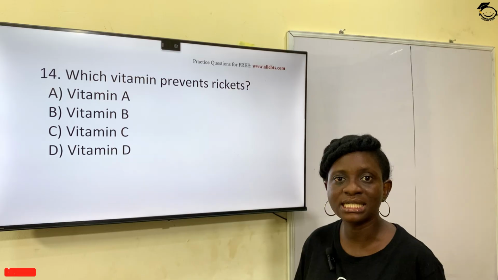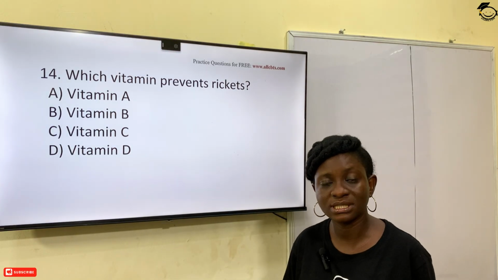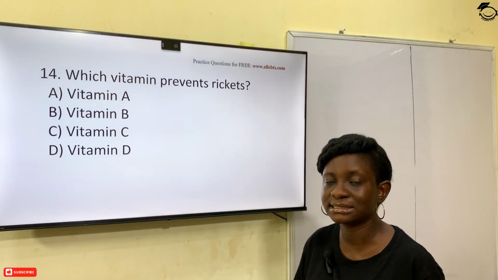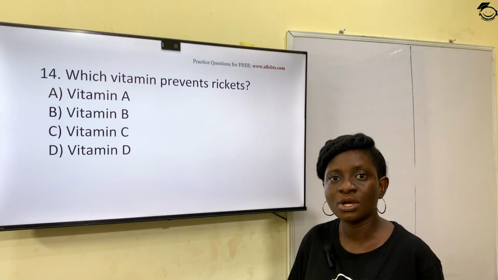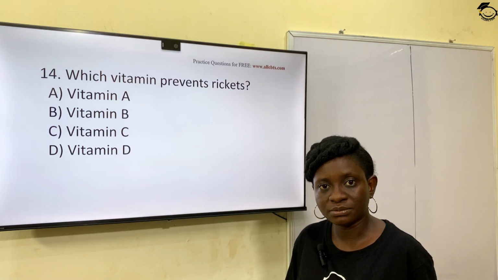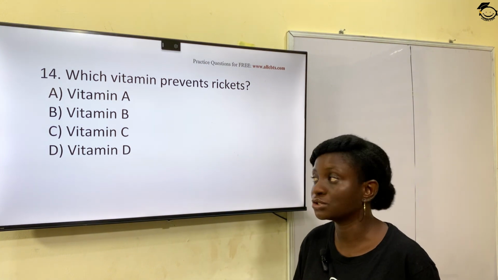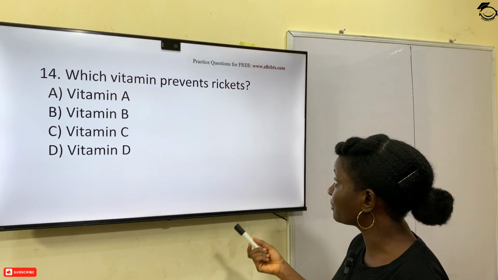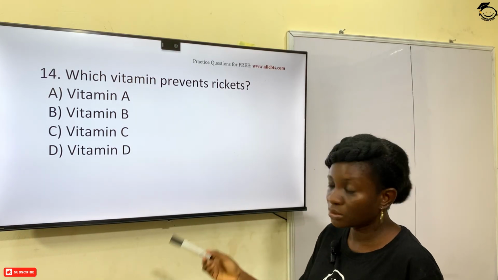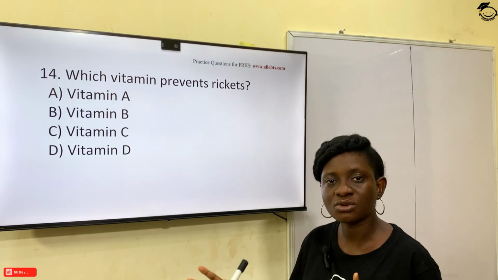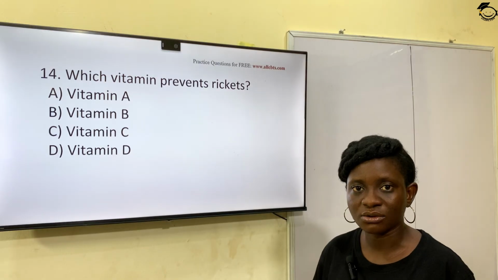While vitamin D is synthesized from the sun, it can be gotten from direct sunlight, that's early morning sunlight, and it helps calcium to be properly absorbed into the body, leading to strong bone formation. So which vitamin prevents rickets? We can see that vitamin D will prevent soft bones in children. So vitamin D is the correct answer.